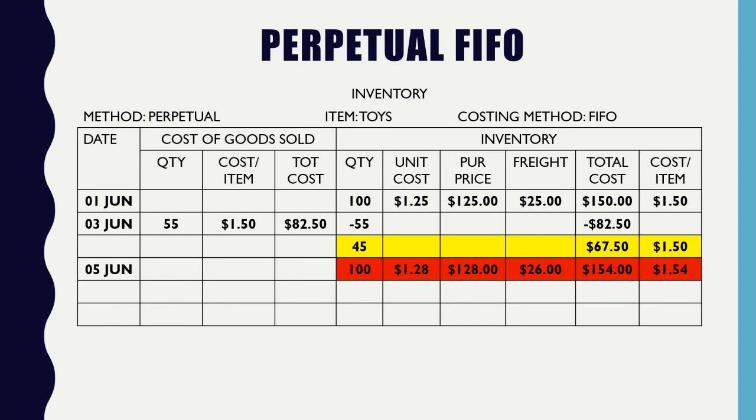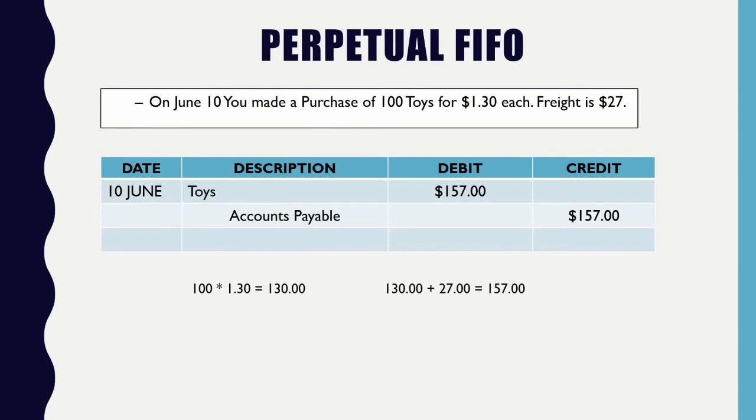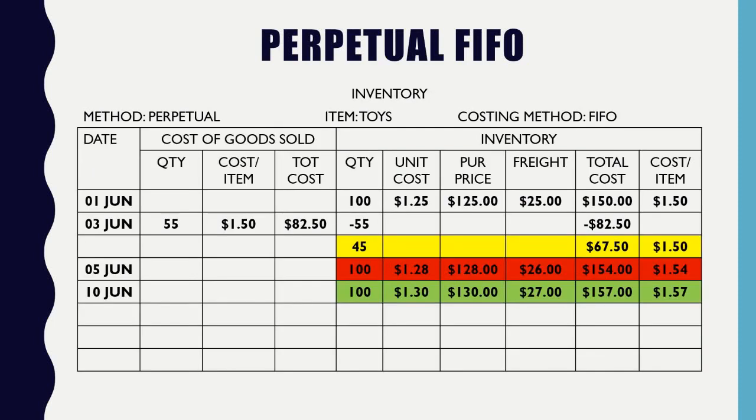Okay? But then this time, June 10 rolls around and you end up purchasing an additional 100 toys. So again, you're going to pop it in there, and this time I'm going to make this green. So now you have three batches of inventory: yellow, red, and green. Yellow came first, red comes next, then green.